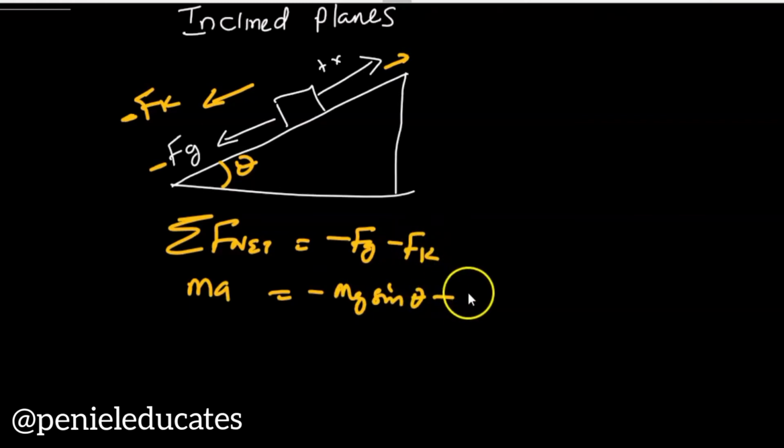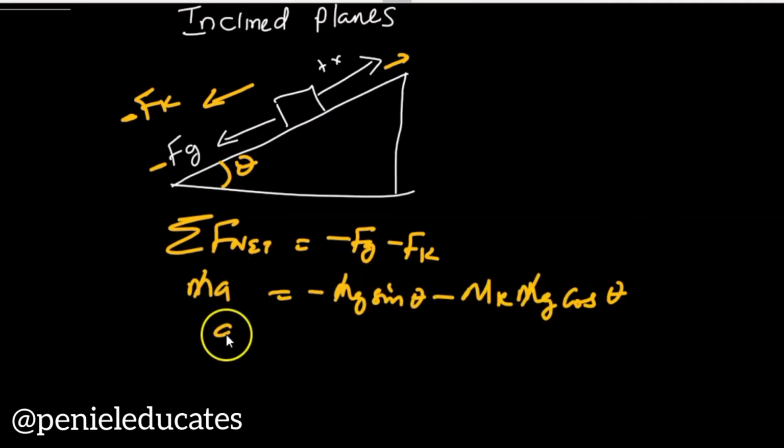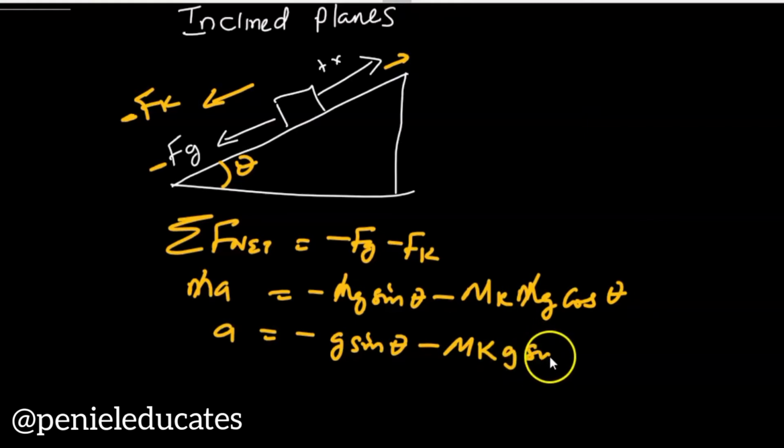This one is going to be mu k, which is mg cos theta. All right, so we'll still cancel our m out. So our acceleration will be minus g sine theta minus mu k g cos theta.